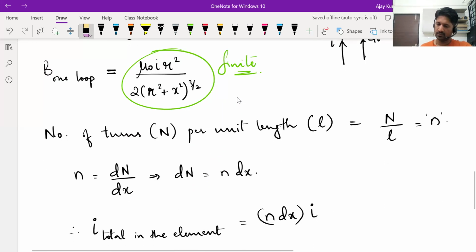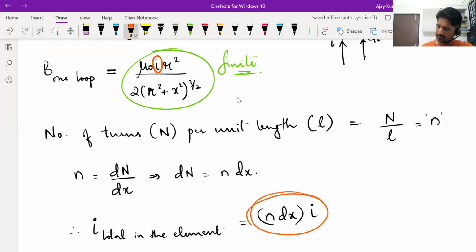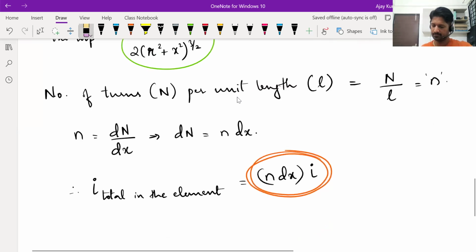Okay, so now in place of the current here, we will have to write this. That is the current in the yellow element. For one loop, it is this itself. But in that yellow element, there's not only one loop, there could be a number of loops, we don't know. So we'll have to go this way.